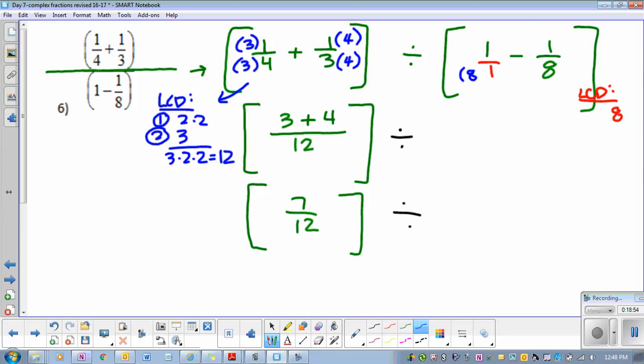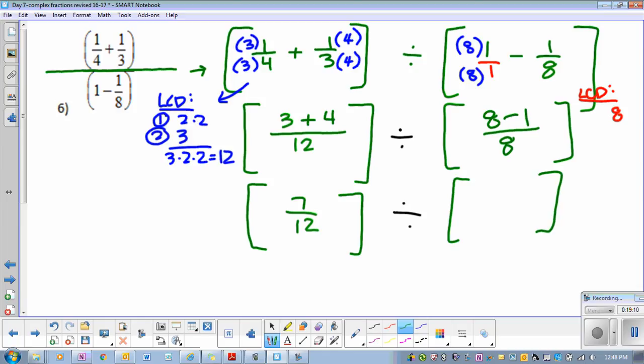Good. Is the second one missing anything? No. So this is going to be 8 over 1, minus 1 over 8, so 8 minus the 1, which is 7 eighths. Yes?